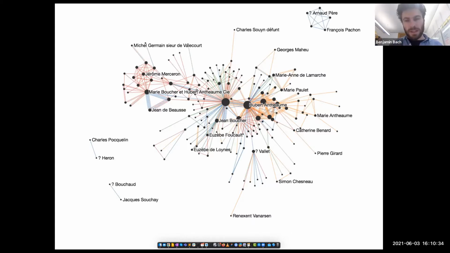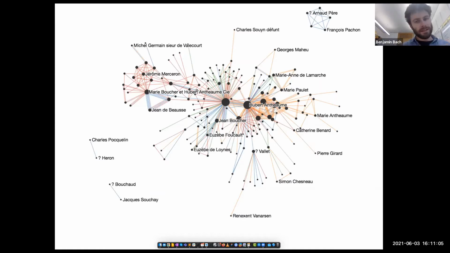And what you see here is a social network that we have been working on with collaborators in history, which is a historical network that represents letter correspondences between merchants and people in medieval France. So each of these dots in this network is a person, and these relationships between them designate letter correspondences.